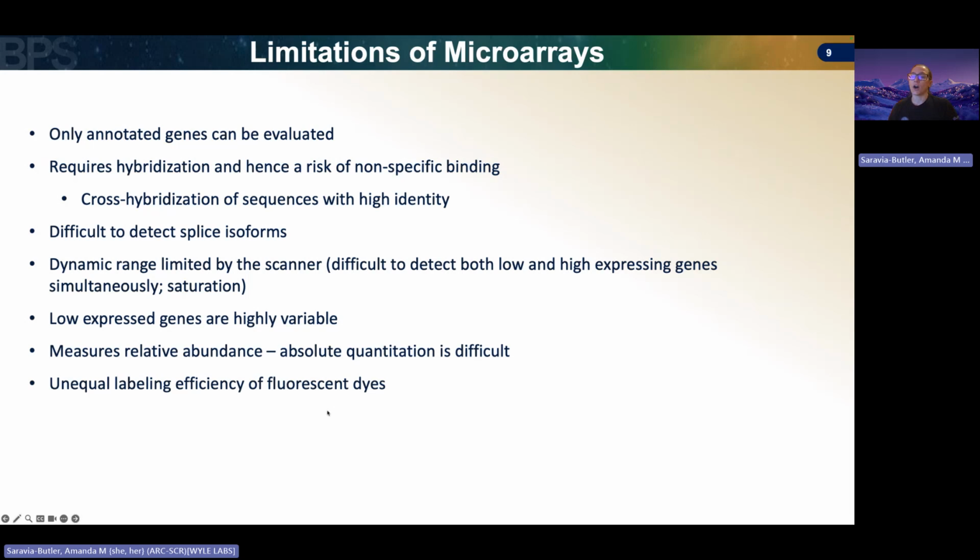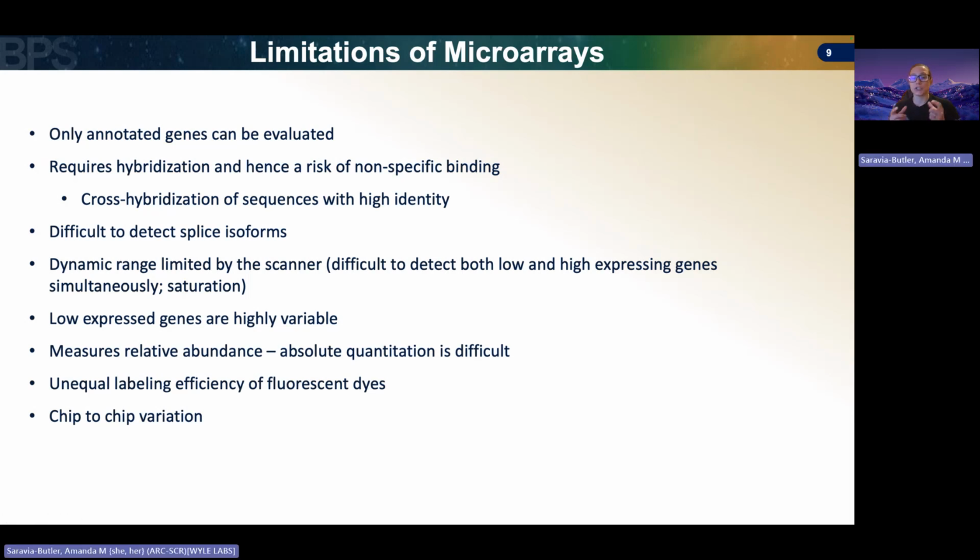Also, not all fluorescent dyes have the same efficiency, so you might have unequal labeling efficiency in your fluorescent dyes, which you might assume means that there is less of a particular gene in a particular sample, but it could be because the dye that was used for that sample is just less efficient than your other sample.